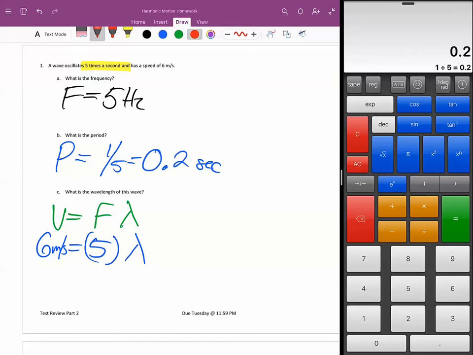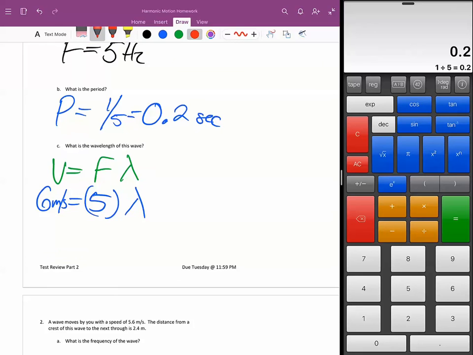So you divide both sides by 5. So 6 divided by 5 equals 1.2. Your units here will be meters.